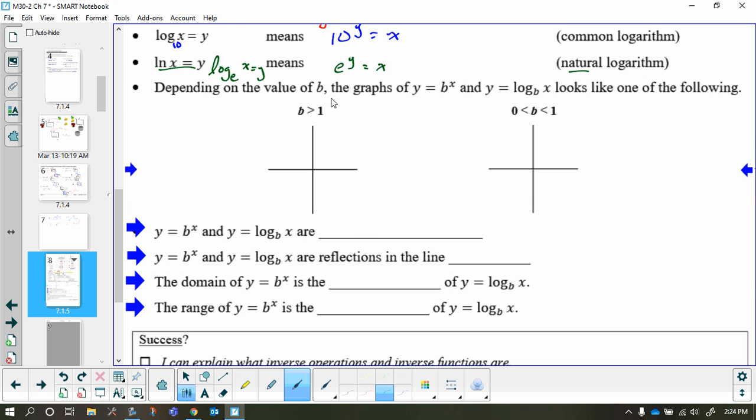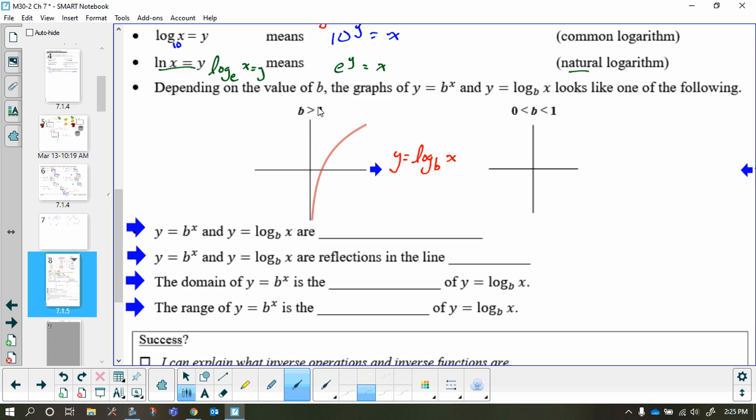Now, depending on the value of b, the graph of y equals b to the x and log base b of x may look like one of these. So here, this is the logarithmic function, y equals log base b of x.